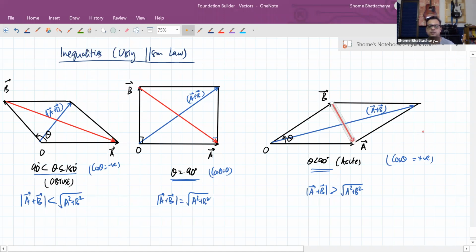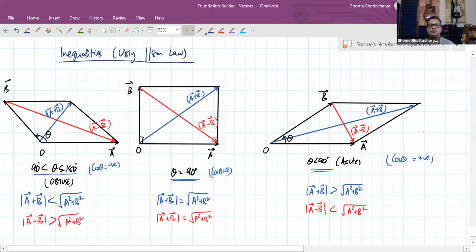So in this case, your mod a minus b is less than root of a square plus b square. In this case, your mod a minus b is the same thing as mod a plus b, which is root of a square plus b square. But in this case, a minus b is the diagonal of longer length, so its magnitude is greater than root of a square plus b square.